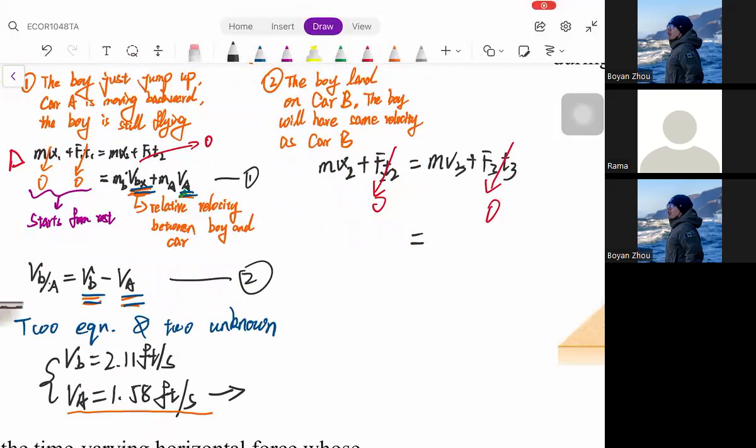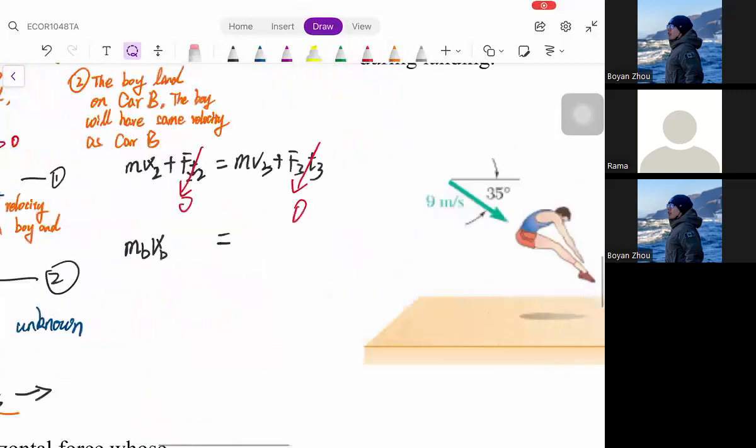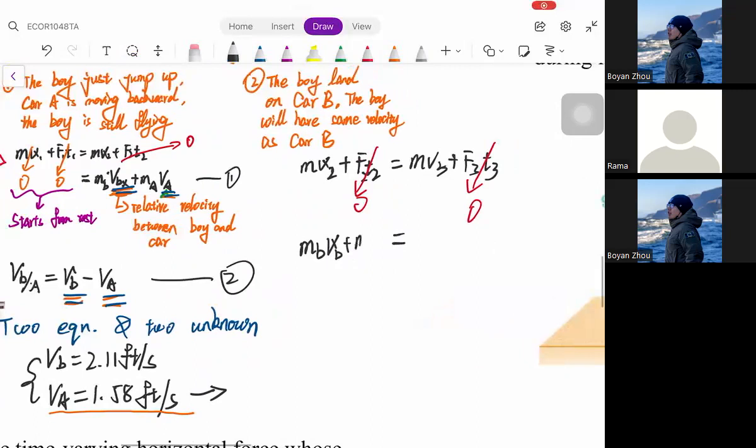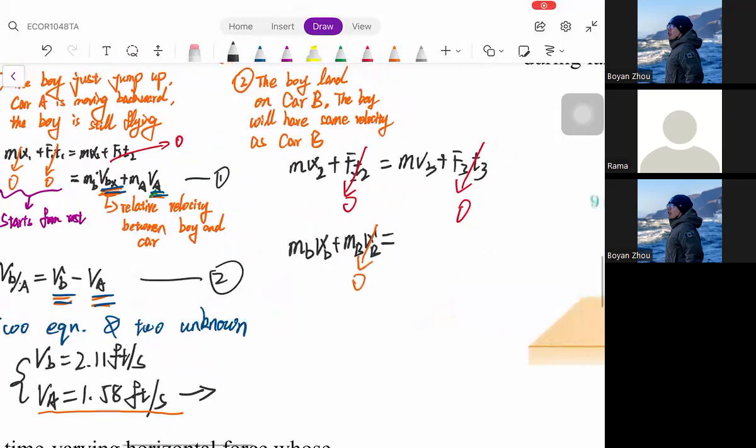So the momentum at the second moment will be the mass of the boy times the velocity of the boy relative to the ground. So it's going to be this one. And since car B is not moving at this moment, we don't need to include the car, because its velocity is 0 anyway.